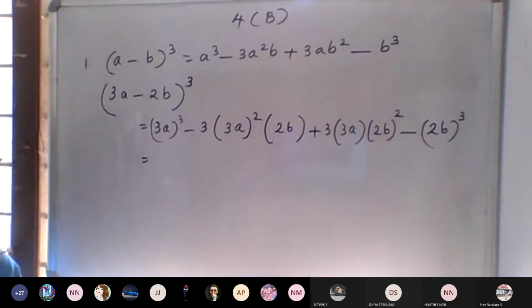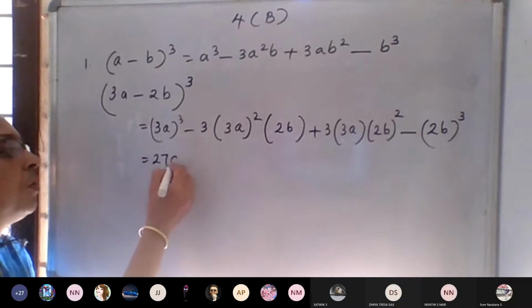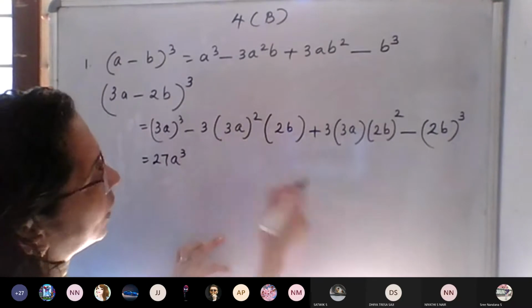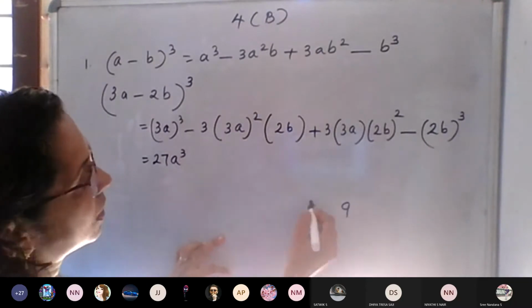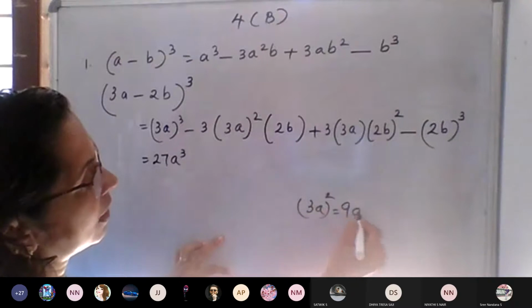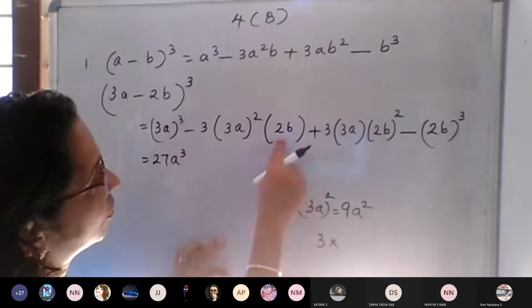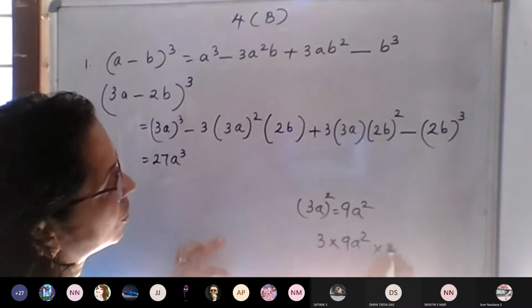Tell me the final answer. 27a cube. Then do this in the working column. 3 square is what? 9. (3a) the whole square is what? 9a square. Then we have to multiply by 3 into 9a square into 2b.